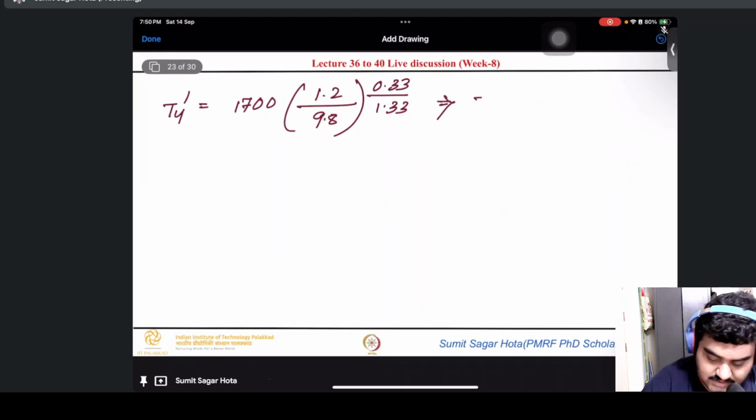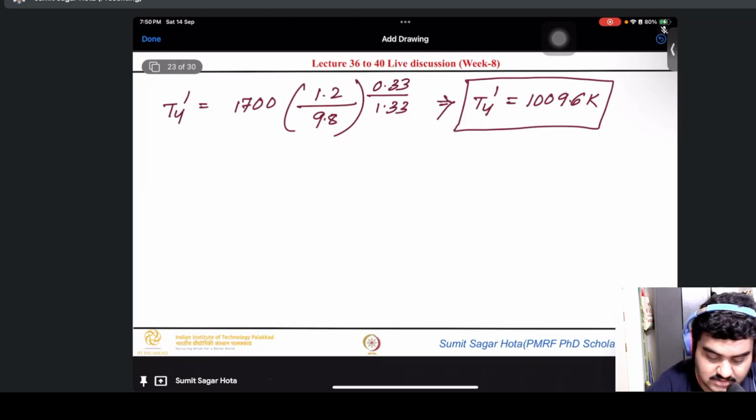When you solve it, we will get T4 dash as 1009.6 Kelvin. This is the temperature at the exit of the turbine. Then we have the isentropic turbine efficiency.